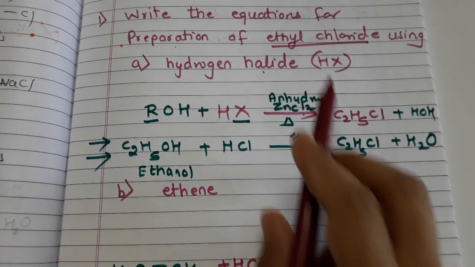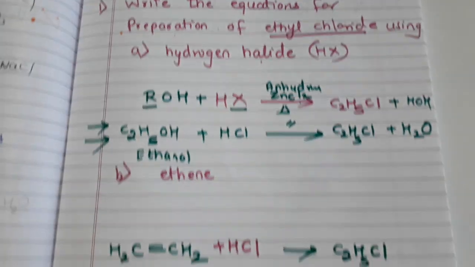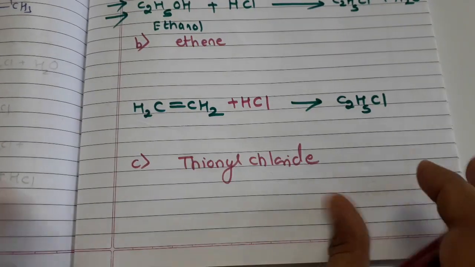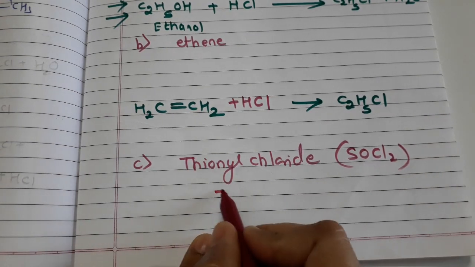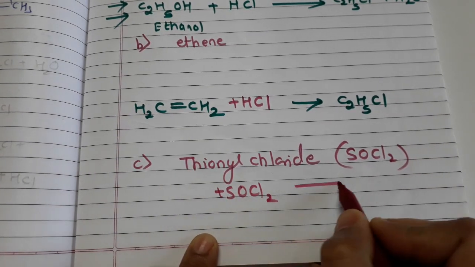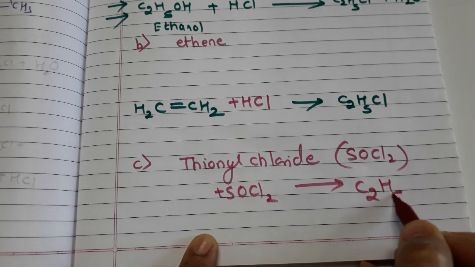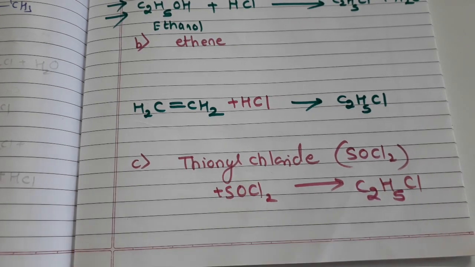And the third question is, prepare ethyl chloride using thionyl chloride. Now thionyl chloride is SOCl2. So we have to prepare ethyl chloride, C2H5Cl, using thionyl chloride.